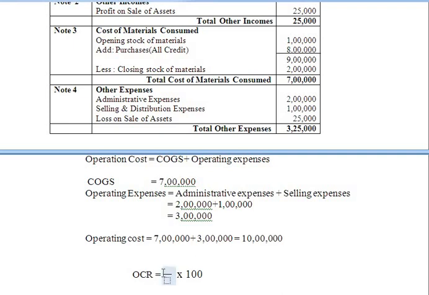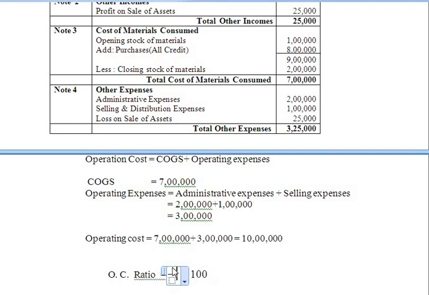Okay, so next line. Therefore operating cost ratio is equal to operating cost total, how much? 10 lakh.